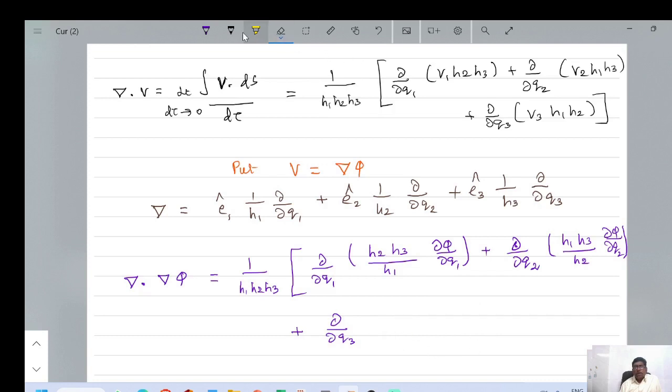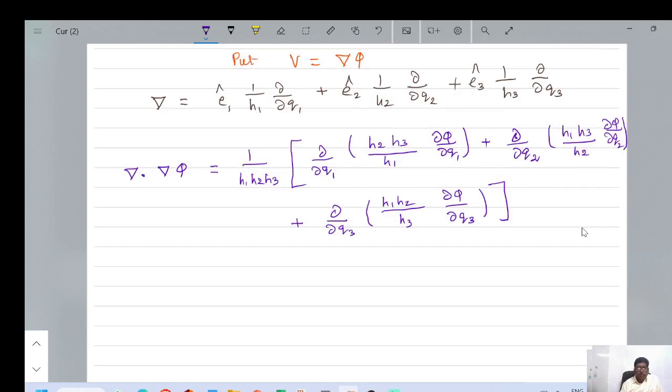Yes, it is correct. Here v3 is replaced by grad phi. That means this term is h1 h2 by h3 into ∂phi/∂q3.